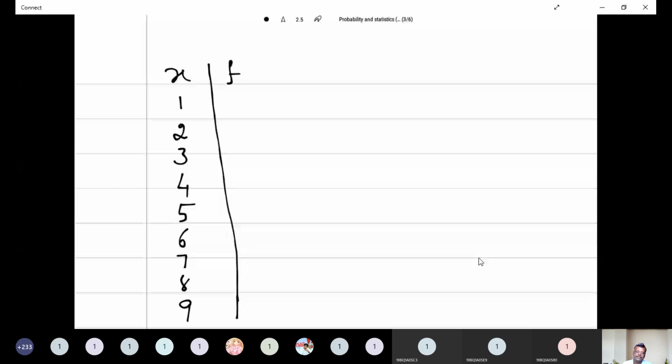These are the x values, and the corresponding frequencies are 8, 10, 11, then 20, then 25, then 15, then 9, and 6.